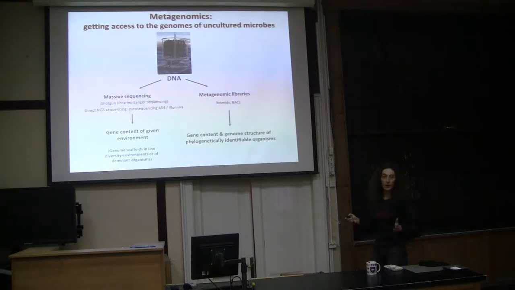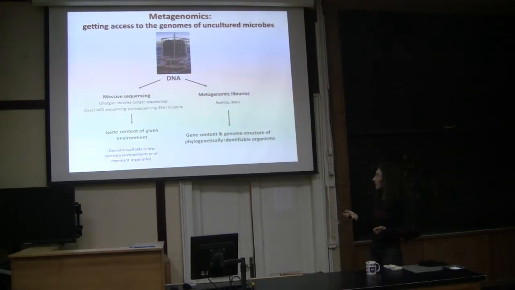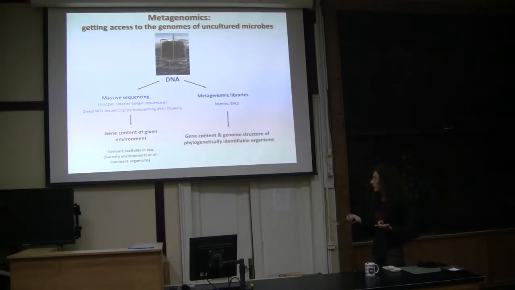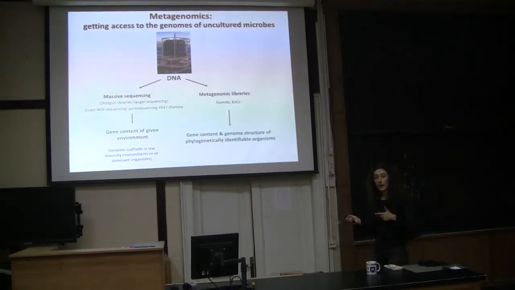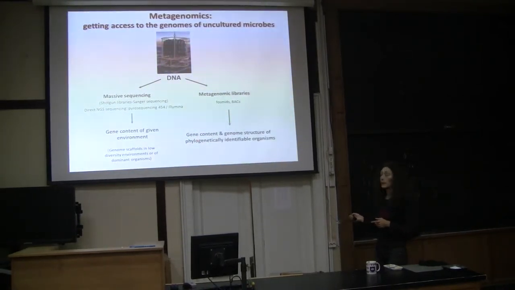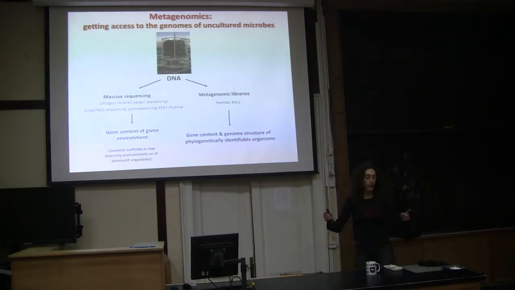So this allows you to clone things between 25 and 40 kbs, so big pieces, or bacterial artificial chromosomes. In this way, you can sequence those clones, and you can also get information about the gene content of your environment, but you can also have access to the genome structure of organisms that you can place in a phylogenetic tree, because all the genes in a genome fragment are physically linked.